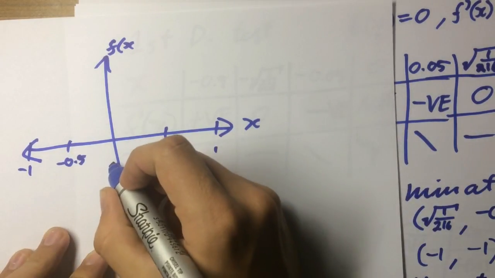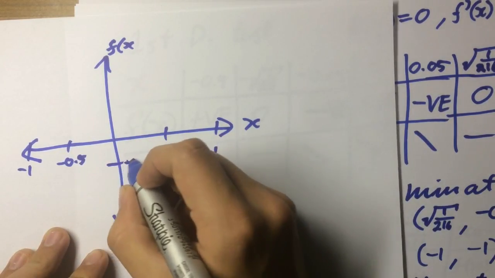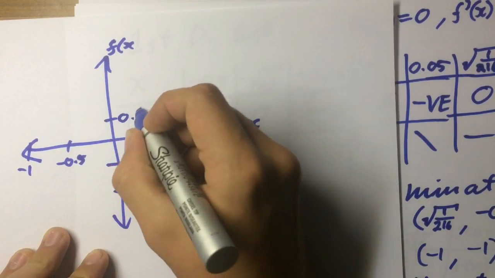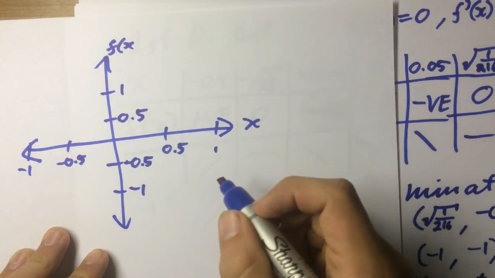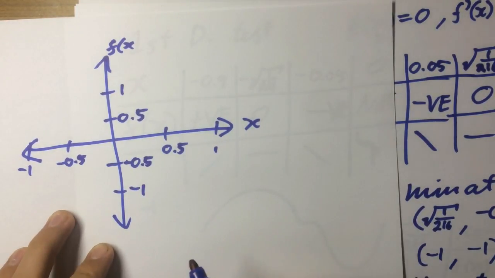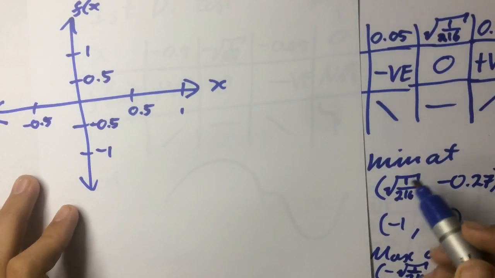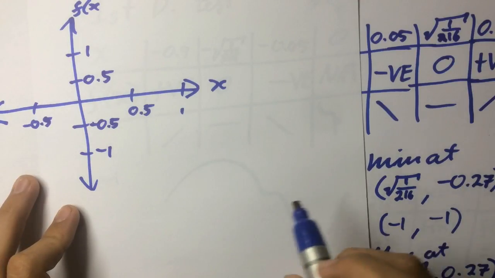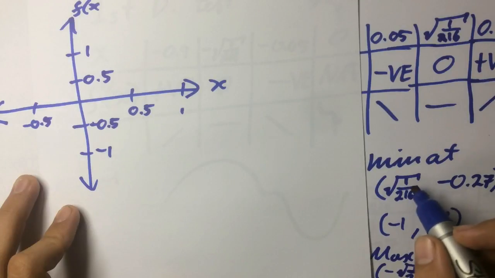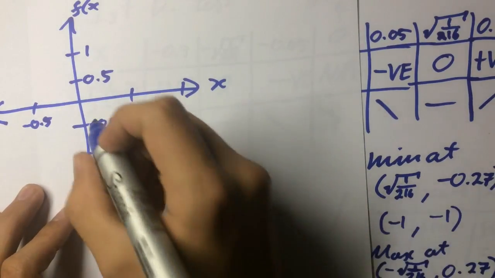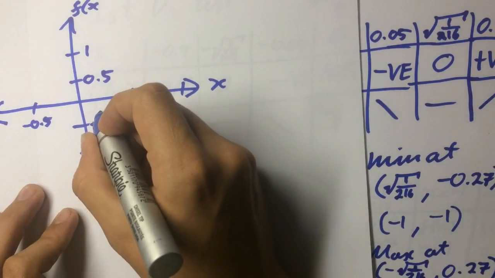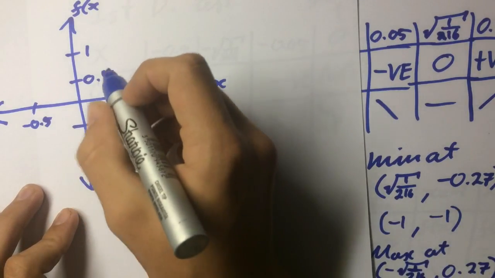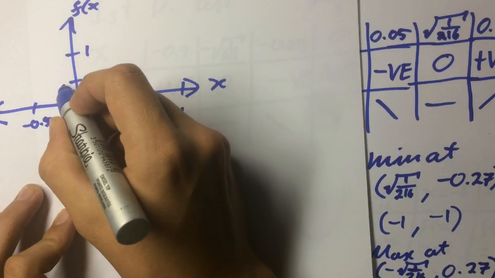And we're going to have here -0.5, -1, and here 0.5, and here 1. Okay, so at roughly that point there, the minimum is located at, I can't remember what that value is, but it's somewhere around here, and this maximum is located somewhere in the opposite direction around here.